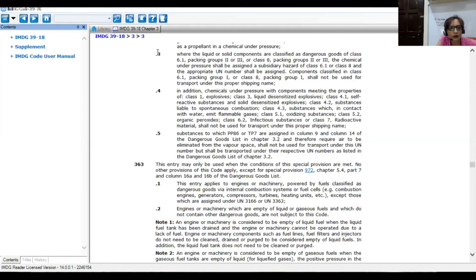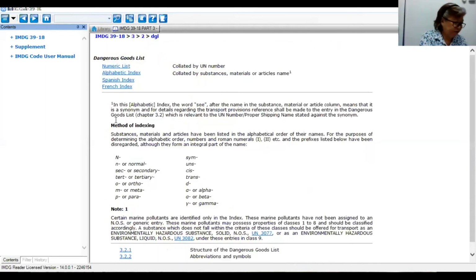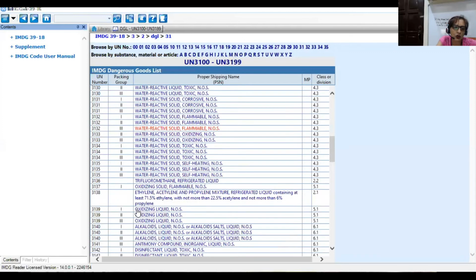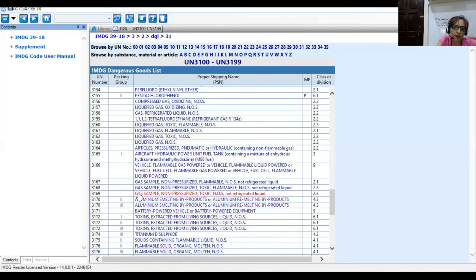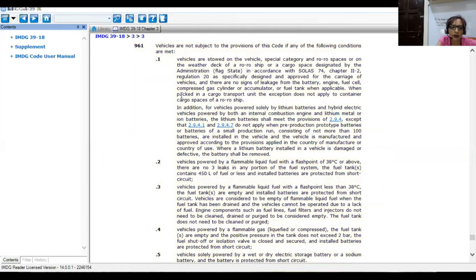Okay. So you are back to 3166, which normally will have some fuel. 3166 is on the same premise. Let me show you. In 3166, the premise of empty is exactly the same as what you read just now. Vehicles are not subject to the provisions of the code if they follow these conditions.